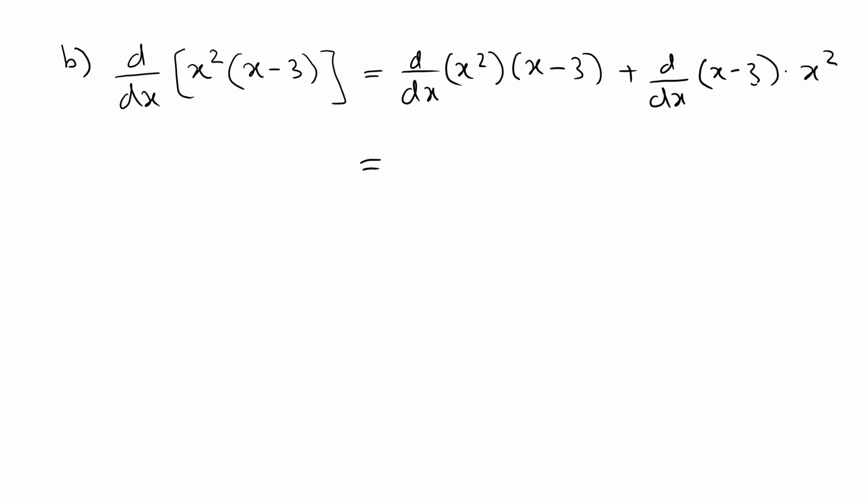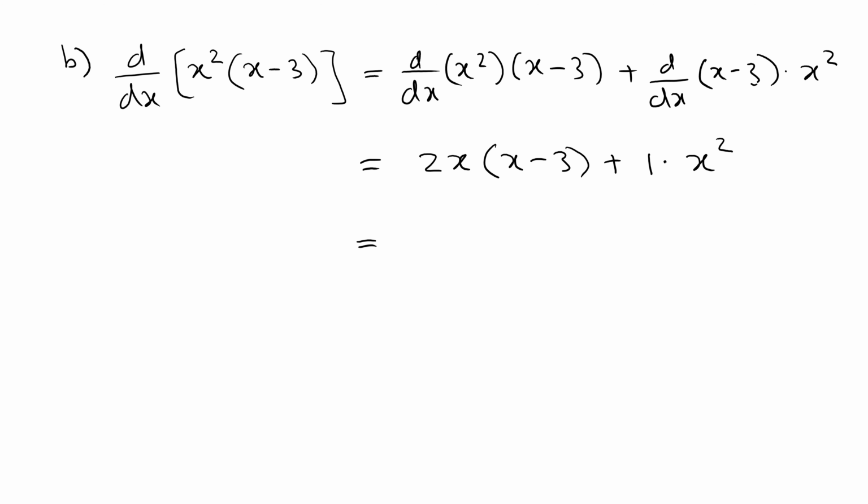Using the power rule, the derivative of x squared is 2x, times x minus 3, plus the derivative of x minus 3, which is 1 as before, times x squared. And then we're going to simplify this.